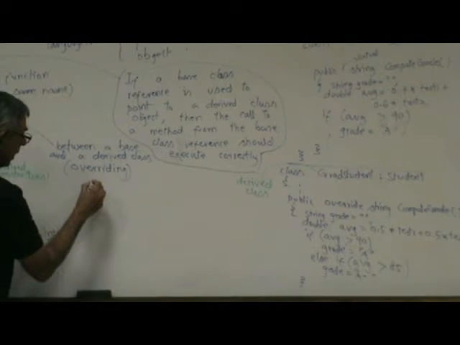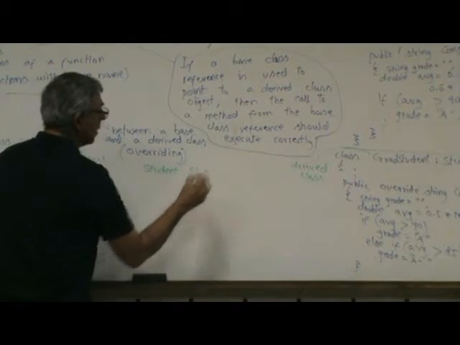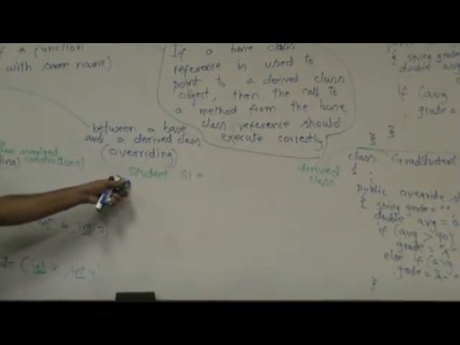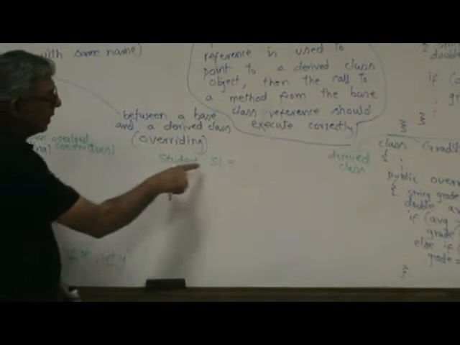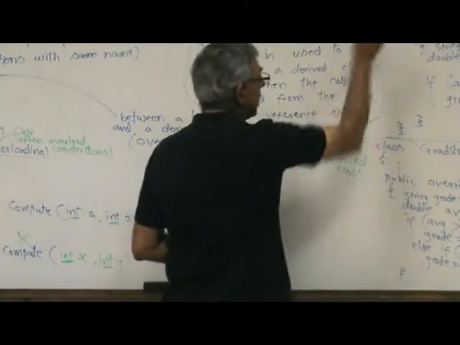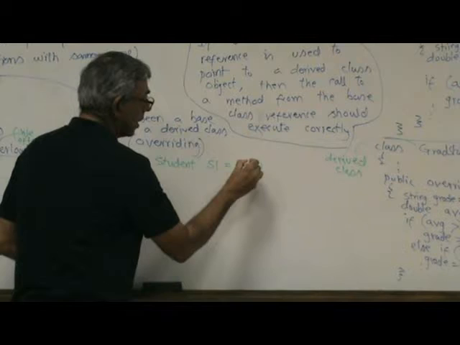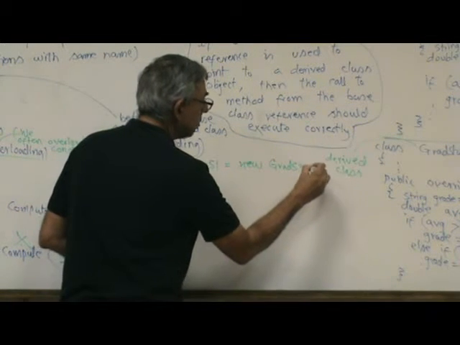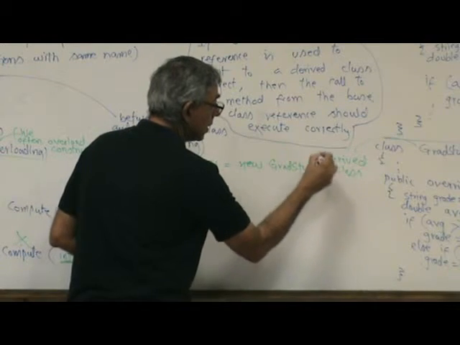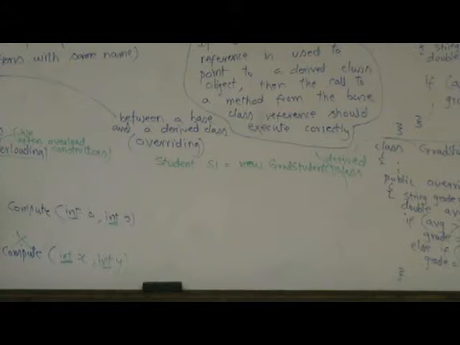If we did something like this, Student s1, what type of reference is it? Base reference or derived reference? Base reference. So this is of type this, right? Equal to, if we allocate memory for a GradStudent, that means the actual object we are creating is a derived class object, correct?